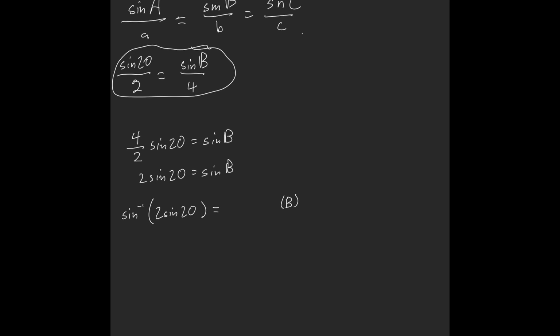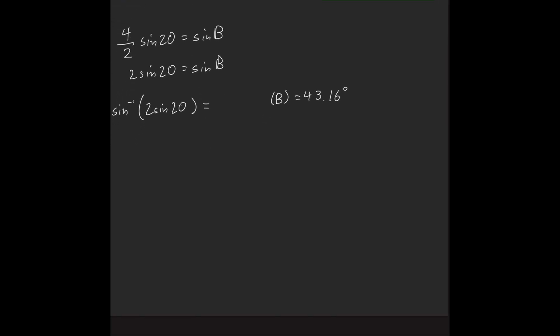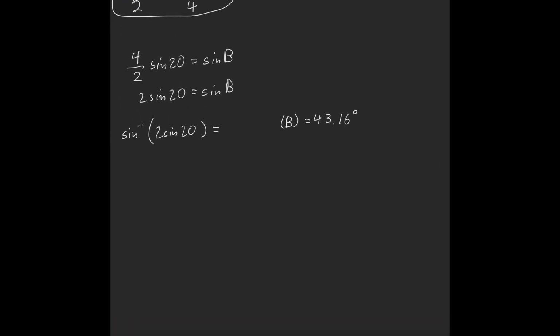Plugging this into our calculator, we get B is equal to 43.16 degrees. Now, notice I've erased my triangle. That's because before, the triangle was drawn inaccurately.